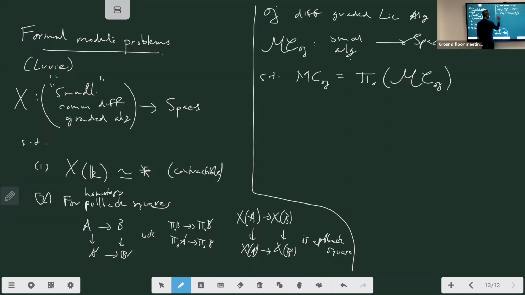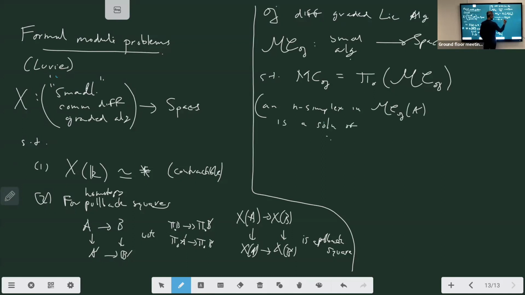So an n-simplex, for those who know simplicial sets, you can think of spaces as simplicial sets, an n-simplex in MC of A is a solution of the Maurer-Cartan equation in G tensor differential forms on the n-simplex tensor the maximal ideal.